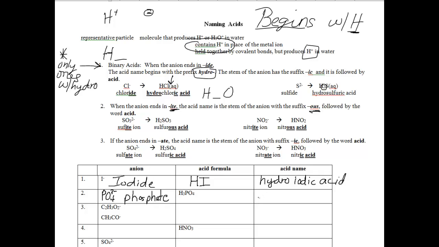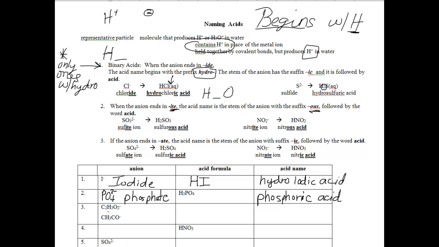They become ic. So it becomes phosphoric acid. This is in your sodas, Coca-Cola especially. You have phosphoric acid added to make it a little bit tangy.